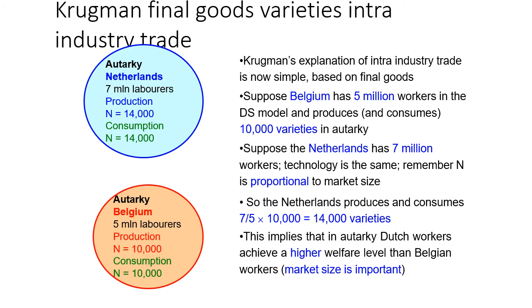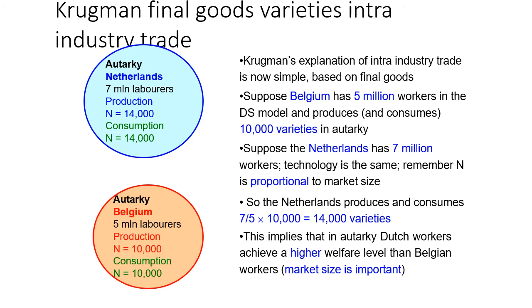So for instance, we have Belgium. They have 5 million workers. They have 10,000 varieties. If we have now the Netherlands, which has 7 million workers, how many varieties will we have? We know that n, the amount of variety, is proportional to market size. All we need to say is that the extra 2 million from what Belgium has, from 5 million to 7 million, is exactly 2 over 5 times 10,000, which is 4,000.